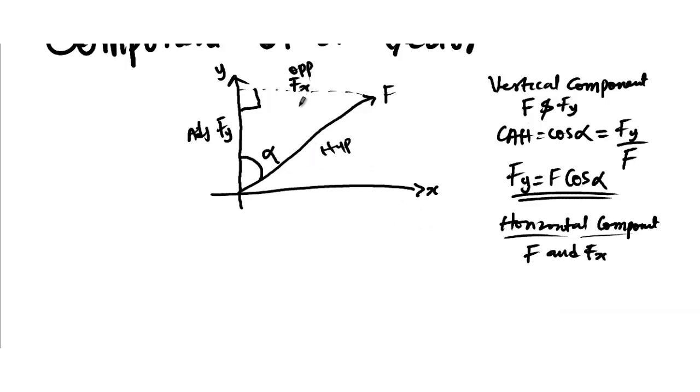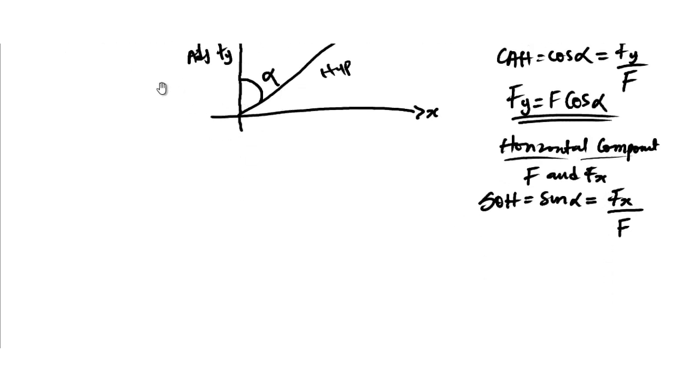Okay, so now our F subscript x is opposite and our F is the hypotenuse. So we have sine alpha equals opposite, that is F subscript x, over hypotenuse, that is F. So if we cross multiply, then F subscript x equals F sine alpha.